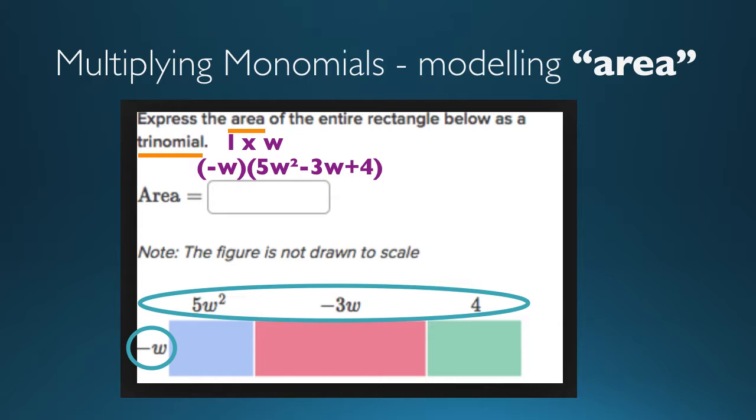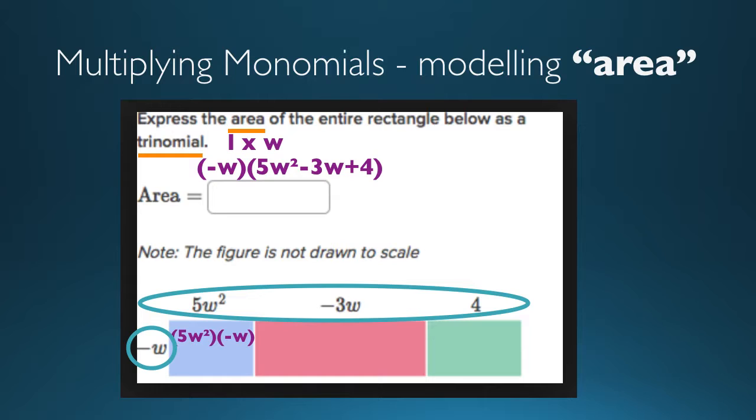So what we need to do is take a look at our area diagram and multiply the length and the width of each. So if we look at our little blue rectangle here, our length is negative w and our width is 5w squared. So first we need to determine the area of that little rectangle.